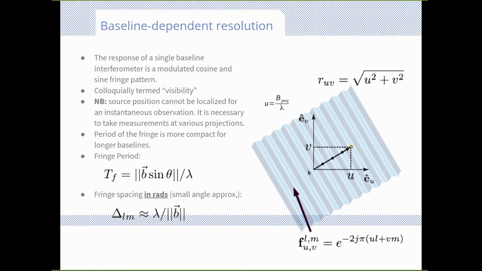The fringe period here is going to be defined as the baseline multiplied by the sine of the offset source over lambda.